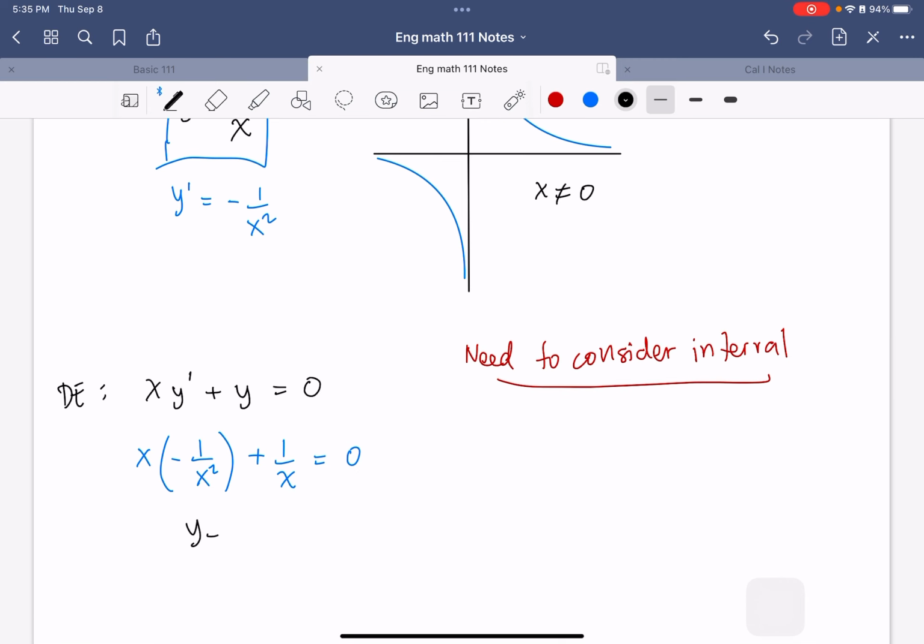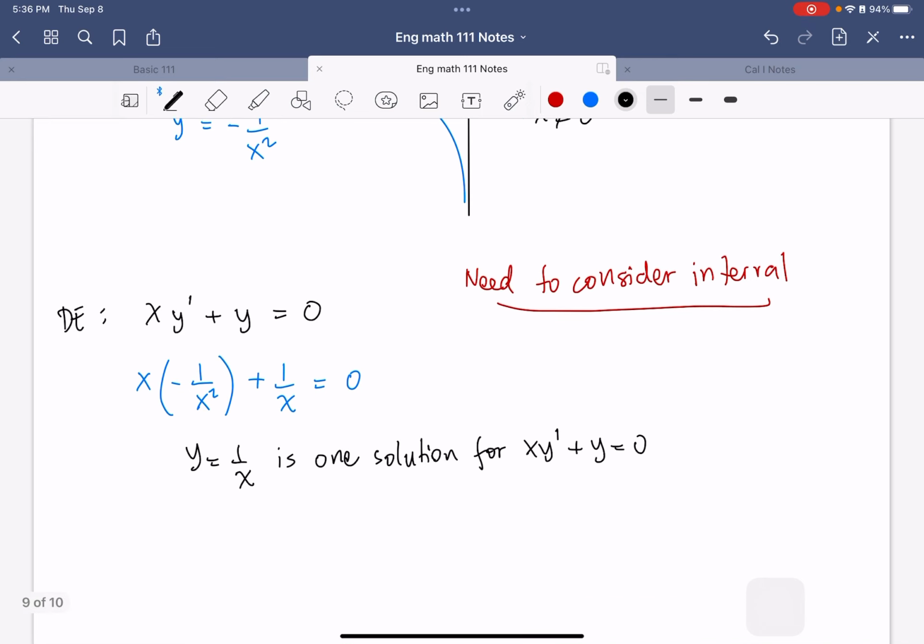So y equals 1 over x is one solution for xy' + y = 0. Okay. So we can say that this can be a solution for this differential equation.